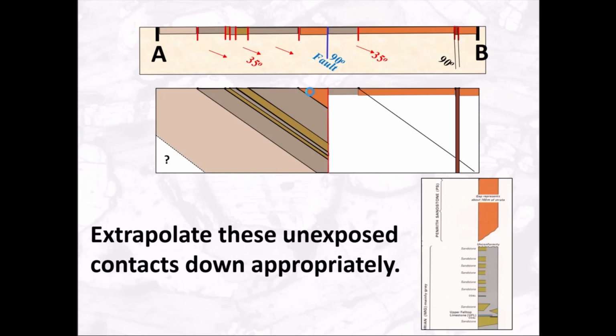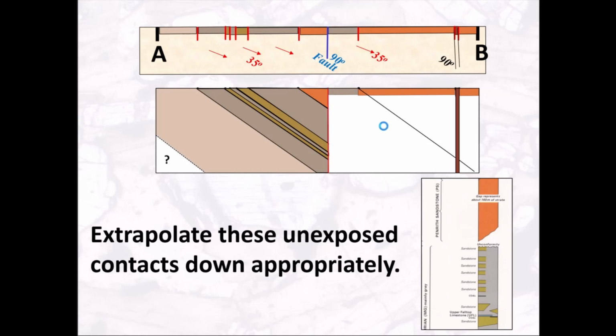Now if we're confident of that as an interpretation, then maybe what we could do is just mimic or copy this stratigraphy from the base of the Penrith sandstone on the left hand side of the fault and put it in on the right hand side. That would be fine if we're certain that what we're seeing here, this plane, is the same or would have been originally the continuation of this plane prior to the faulting.